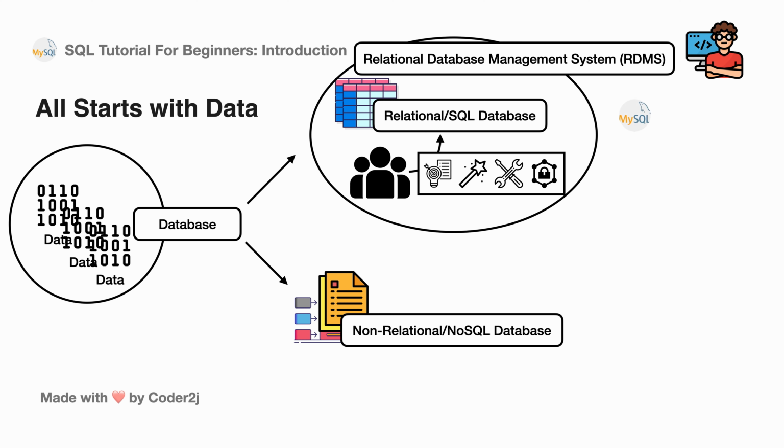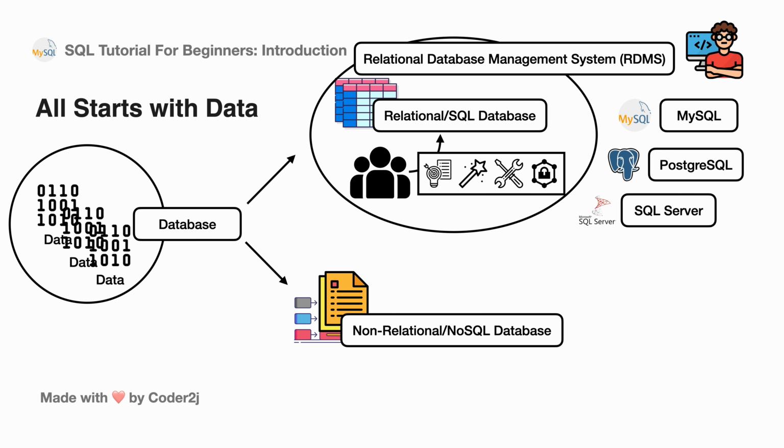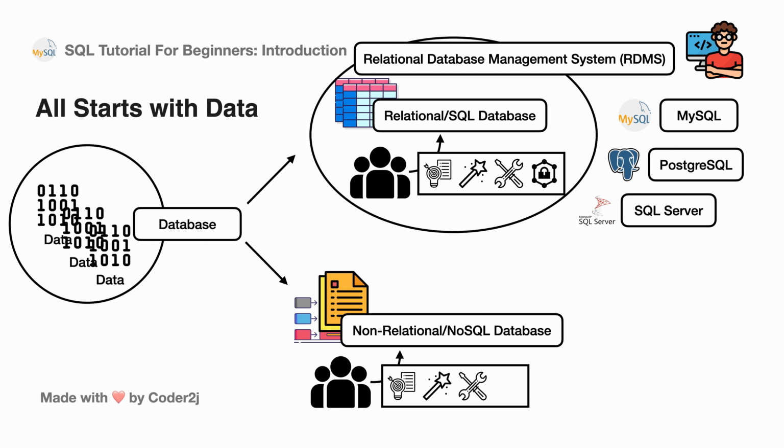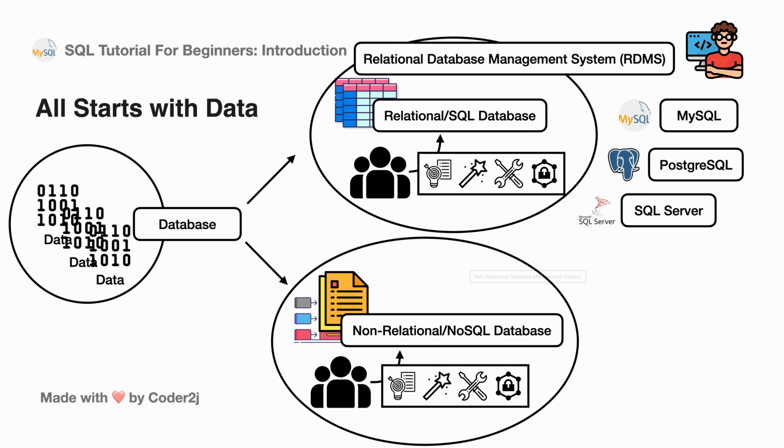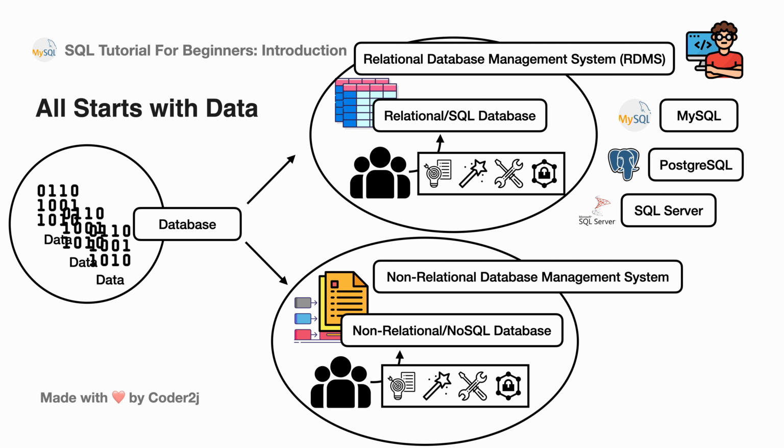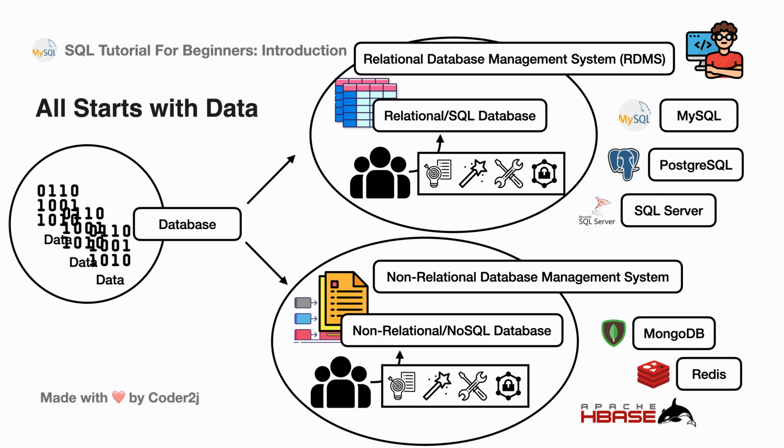For example, MySQL, PostgreSQL, and Microsoft SQL Server are the most common and widely used relational database management systems. Likewise, the database management system for the non-relational or NoSQL databases is called Non-Relational Database Management System. They are increasingly used in big data and real-time web applications such as MongoDB, Redis, Apache HBase, and more.